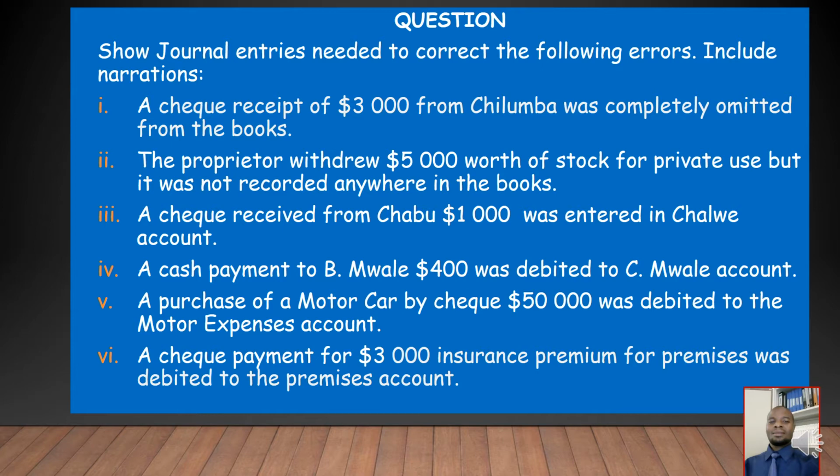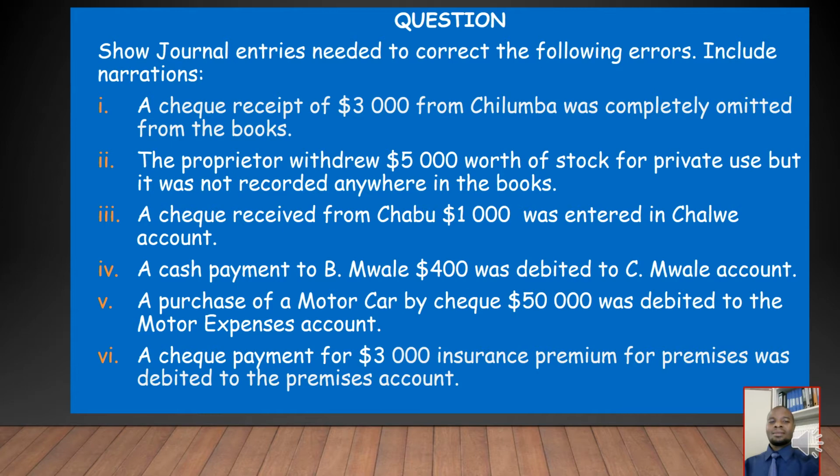Number 1 is saying a check receipt of $3,000 from Chilumba was completely omitted from the books. Number 2, the proprietor withdrew $5,000 worth of stock for private use, but it was not recorded anywhere in the books. Number 3, a check received from Chabu, $1,000, was entered in Chalwe account.